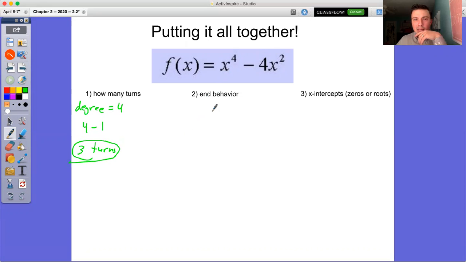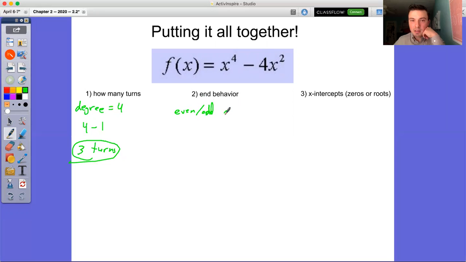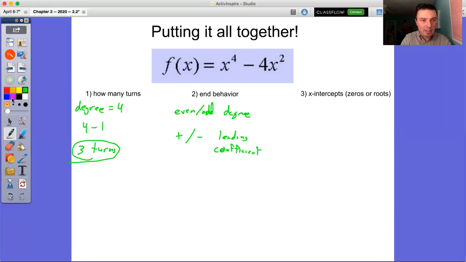How about our end behavior? How do we know what the end behavior is? We needed to know even/odd degree, right? And we needed to know positive/negative leading coefficient. So this one has, what's the degree, even or odd?